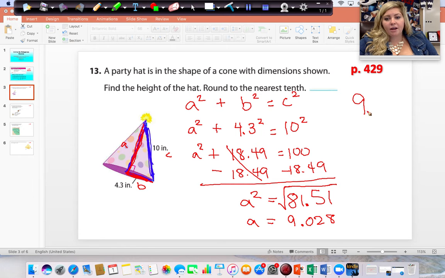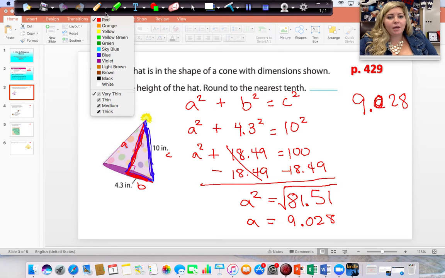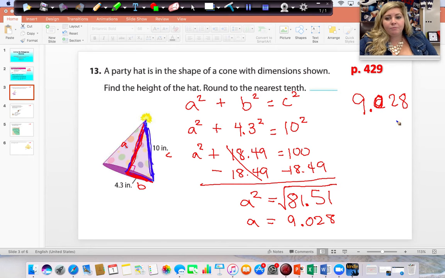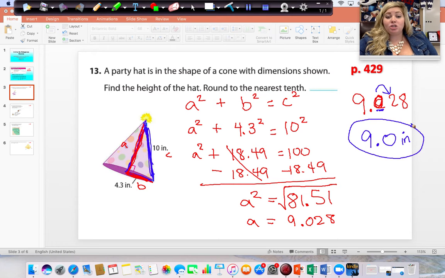So if I've got 9.0028, the tenths place is the 0. So we need to look back at the 2. That 2 is not enough to bump that 0 up, so it's going to stay the same. So it is 9.0, and we are talking about inches here. So 9 inches.